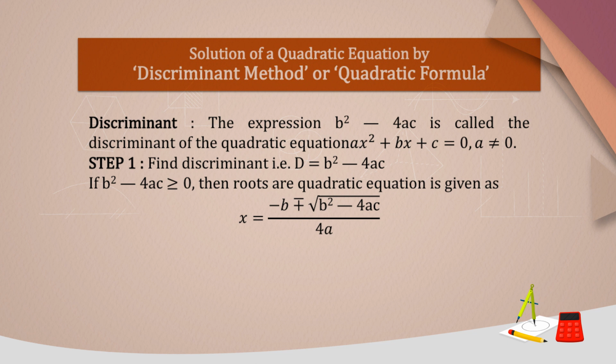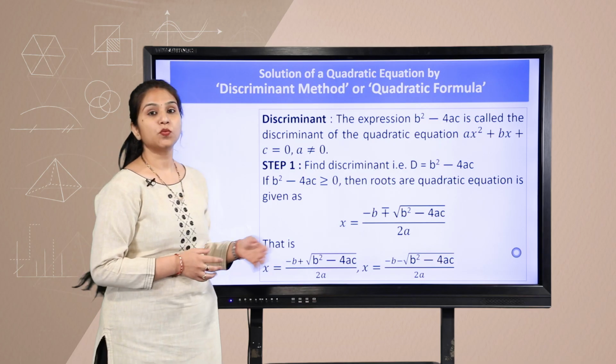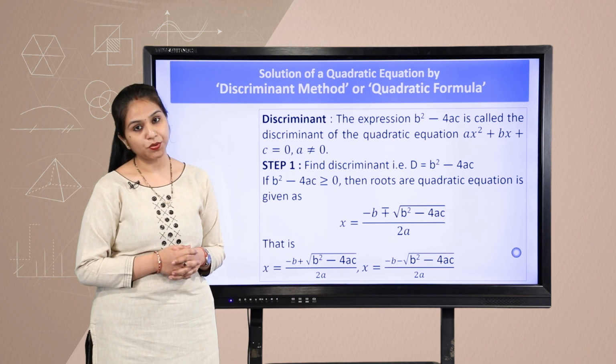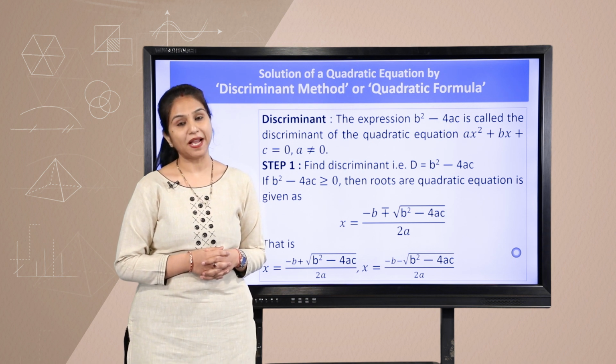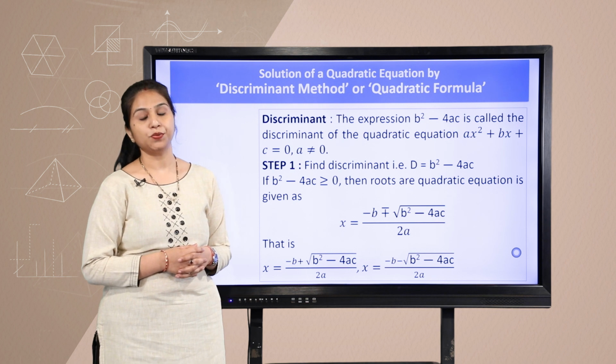It means the two roots of the equation are given as follows. One time we will go with the negative sign and one time with the positive sign. So the roots become x equals minus b plus under root of discriminant upon 2a, and the second time x equals minus b minus under root of discriminant upon 2a.